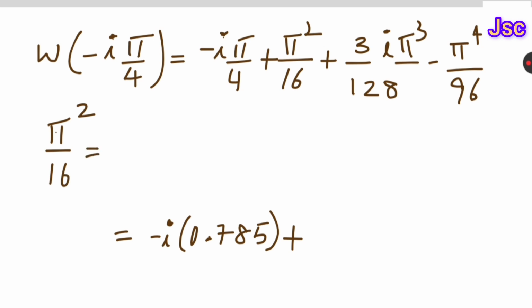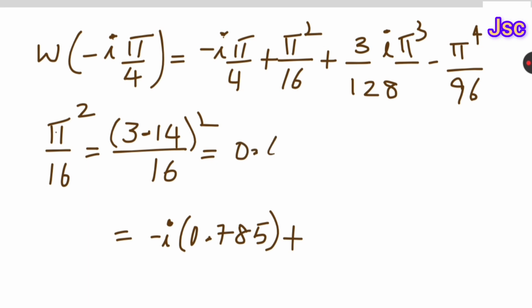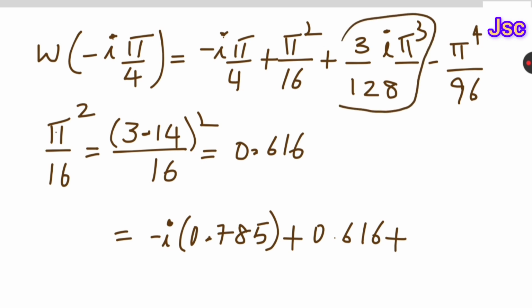So pi^2, that means 3.14 squared over 16. This value is 0.616. So just write 0.616 plus. After simplifying the third term, this value is 0.724i and the fourth term is 1.0146.